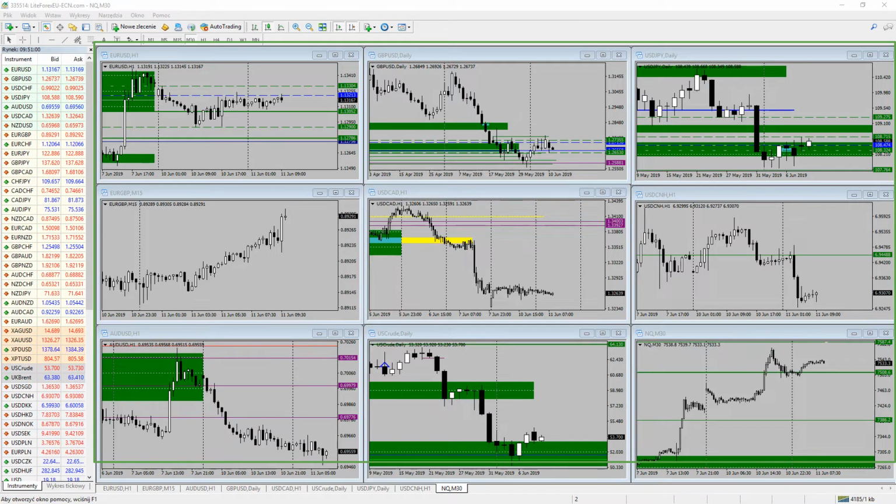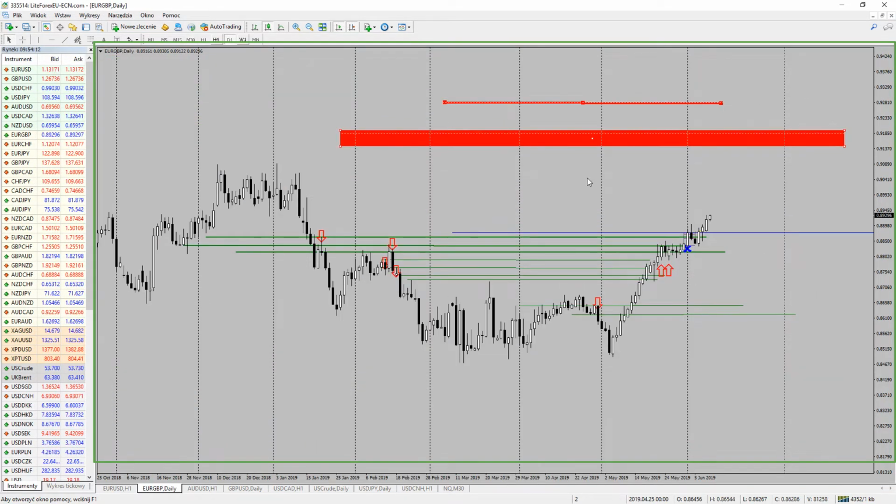So again, the red color on my chart represents what is going on on the monthly chart.